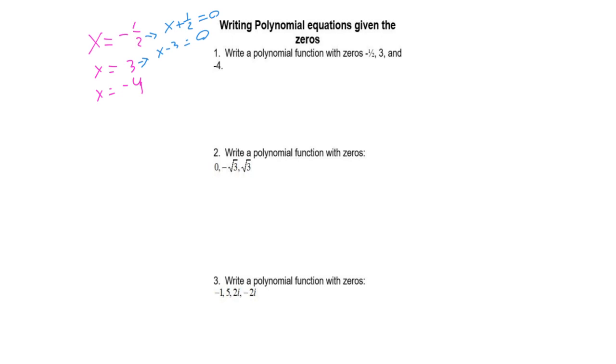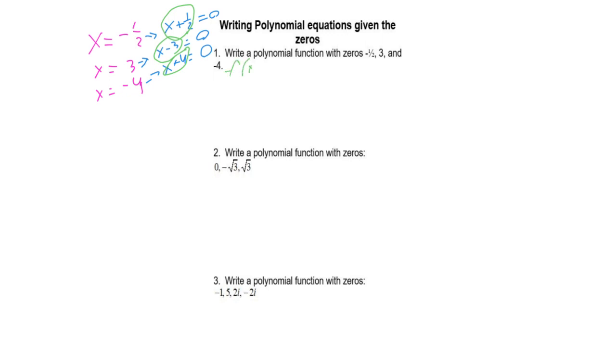X equals negative 4, well, that's going to be x plus 4 equals 0. So I'm going to take these middle parts here, x plus 1/2, x minus 3, and x plus 4, and those are the components of our equation.